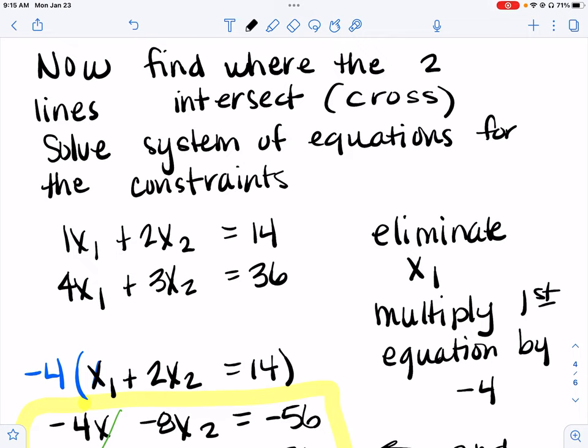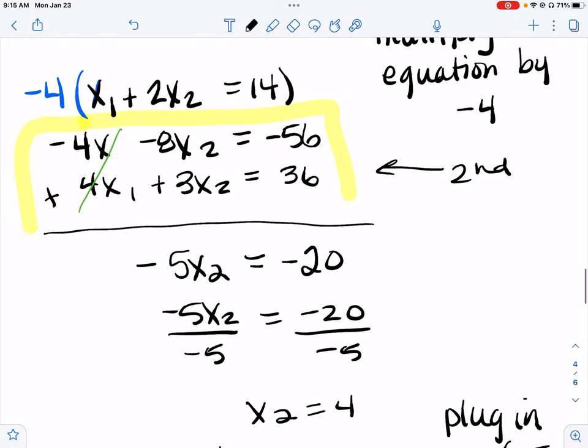So if I multiply the first equation by -4, I'll get -4x1, which would cancel with the 4x1 in the second equation. Okay, so I'm going to multiply that first equation by -4, which gives me -4x1 minus 8x2 equals -56.